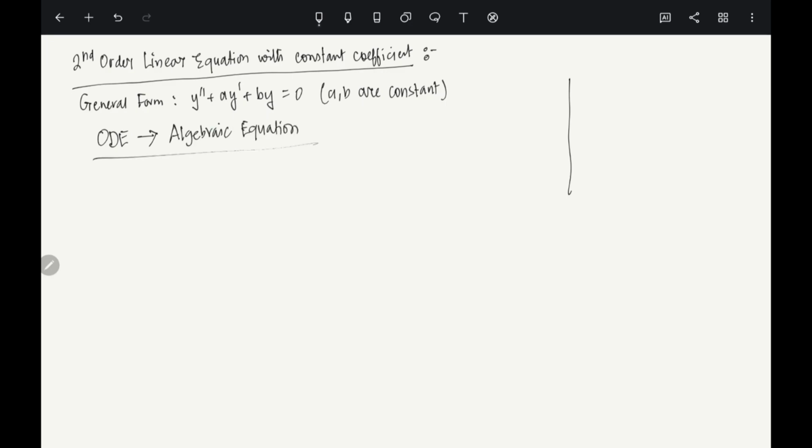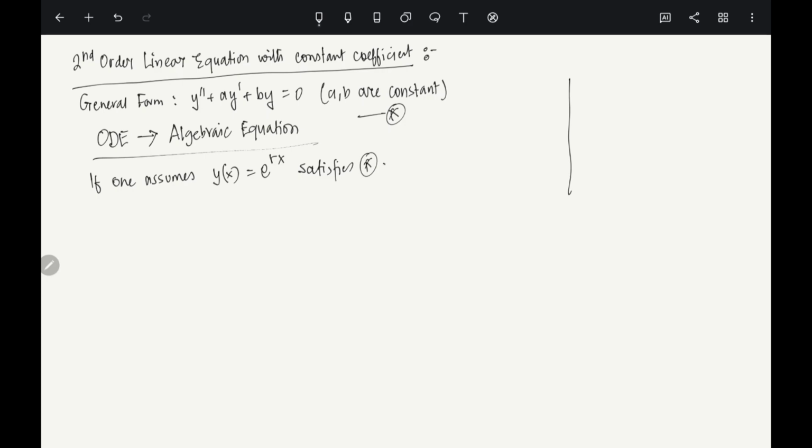Let's say one assumes that there is a function y of x which is e to the power rx, and that satisfies the equation, call it star. Here we have to find r such that this happens.